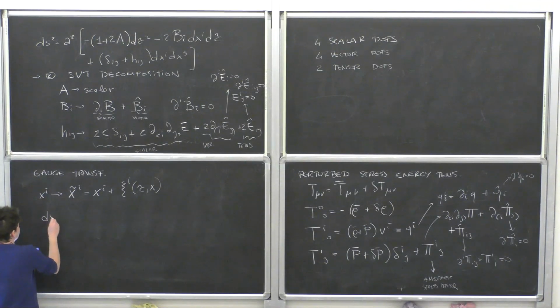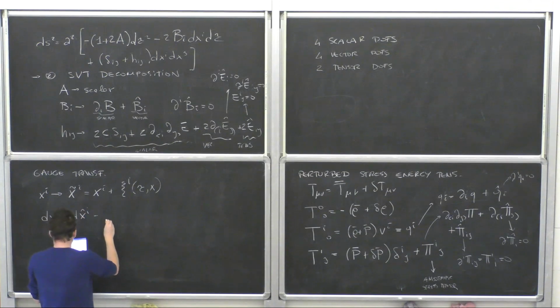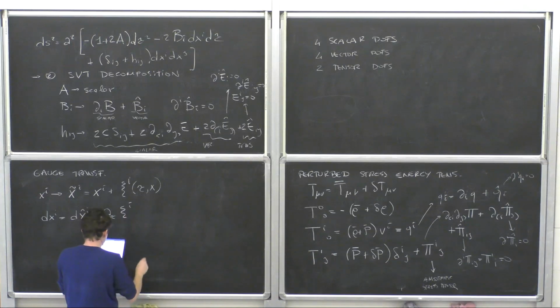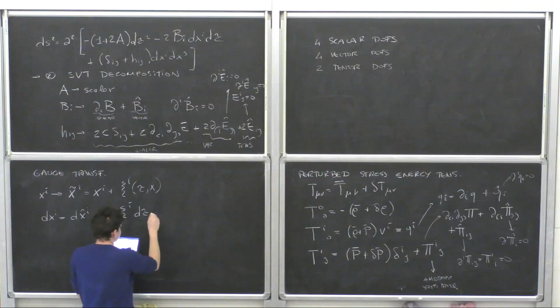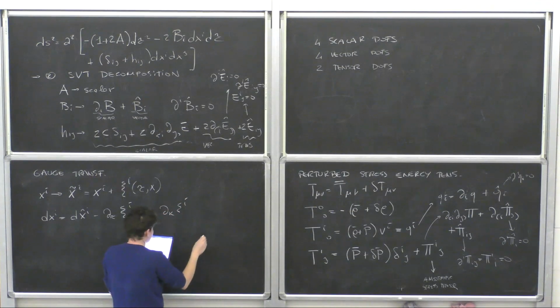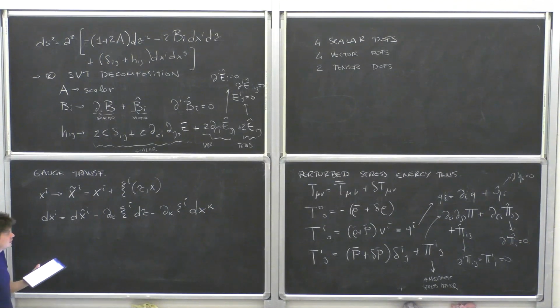So the x^i is the x tilde^i minus d tau delta tau minus d_k zeta^i dx^k. Okay. Now clearly this holds at first order.